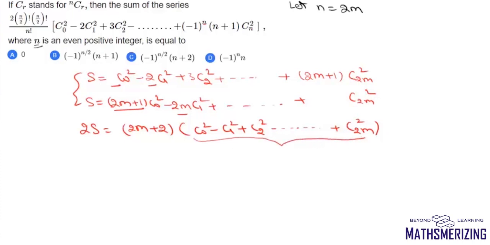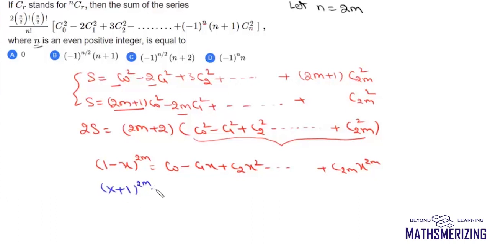So what I'll do is, I'll start with the expansion of (1 - x) to the power 2m. It'll be C0 minus C1 x plus C2 x square, and it continues up to C2m x to the power 2m, and I'll also write the expansion of (x + 1) to the power 2m, and that will be C0 x to the power 2m plus C1 x to the power 2m minus 1, and finally it will be C2m into x to the power 0.